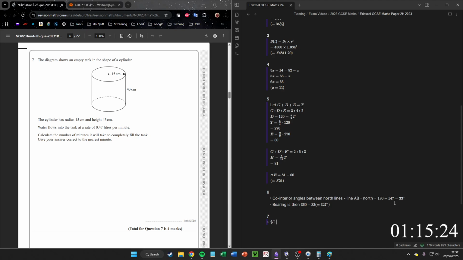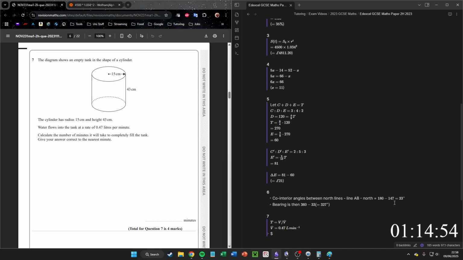going to say time is going to be equal to the volume divided by the volume flow rate, which I'm going to say is V dot. V dot we know to be 0.47 liters per minute, but it's probably more useful if we have it in cubic centimeters.